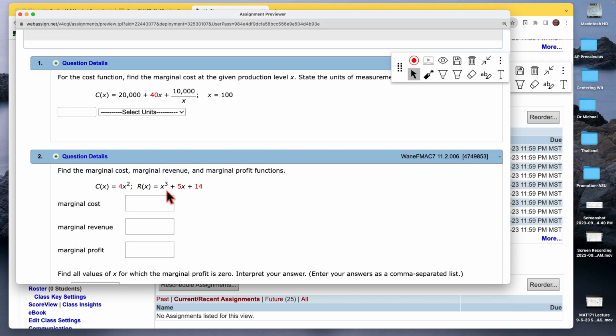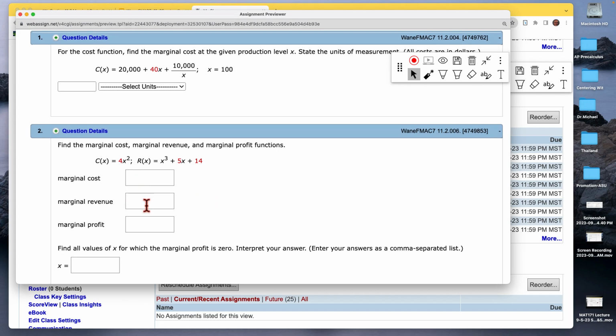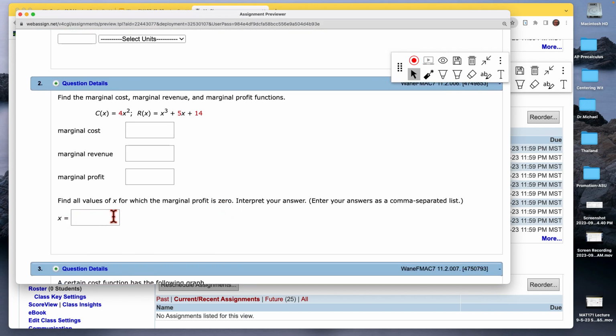Here we have a cost function, a revenue function, and then we want marginal cost, marginal revenue, and marginal profit. Again, they don't ask for the profit function, but I would suggest setting it up first, just so you have it. And then find all values of x for which the marginal profit is 0. So how do we do that?